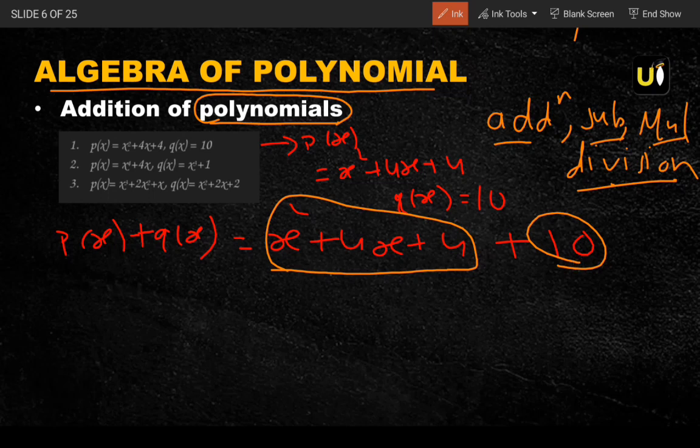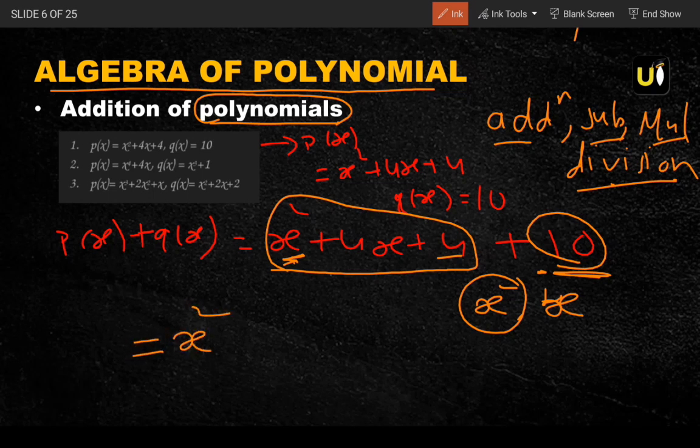In the polynomial q of x, there is no x square term and there is no x term. We are just having the constant term. So while performing the addition, we have to add the terms with the same exponent. That means if you are having x square, we have to add this x square with the x square term in the other polynomial. As we are not having the x square term in this, we will not add anything. This x square will remain as x square itself.